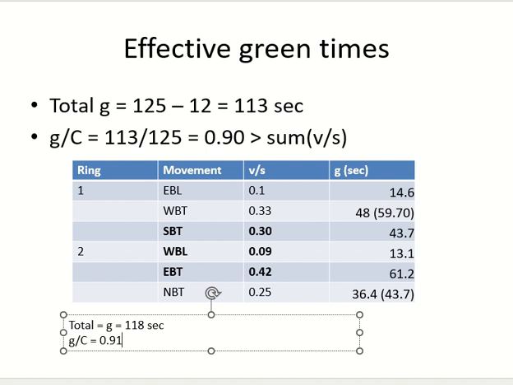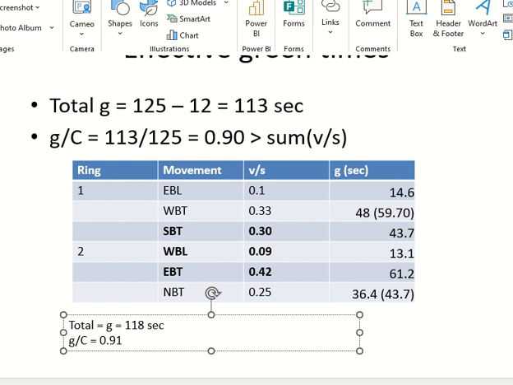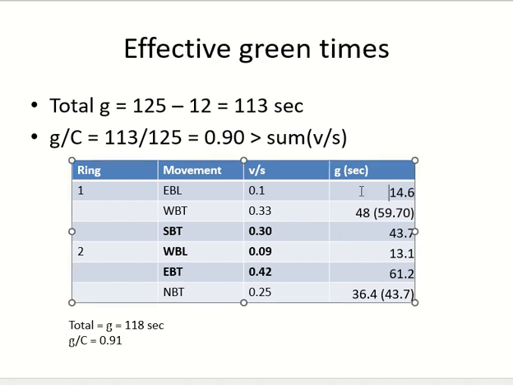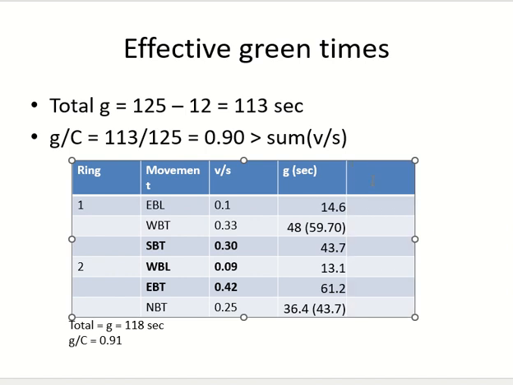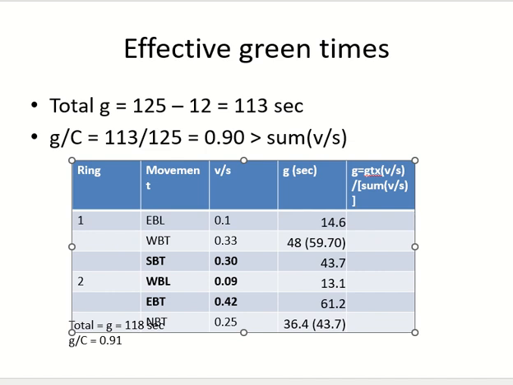Now for calculating the green time for every phase, what we do is: the green time for every phase is the total green time, let's say GT, multiplied by the V by S ratio of that phase, divided by the sum of V by S. For example, if I'm doing it for this phase, the total effective green is 118.